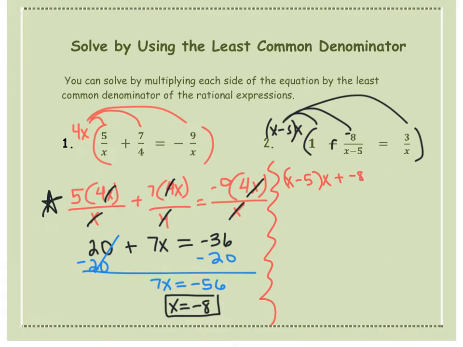And what's going to cross out there? Well, I already have an x minus 5 on the bottom. So the x minus 5 would actually cross out on the second one. And so I'm going to only have the x left. When I multiply to this third one right here, the x's would cross out, and I'm left with 3 times x minus 5.